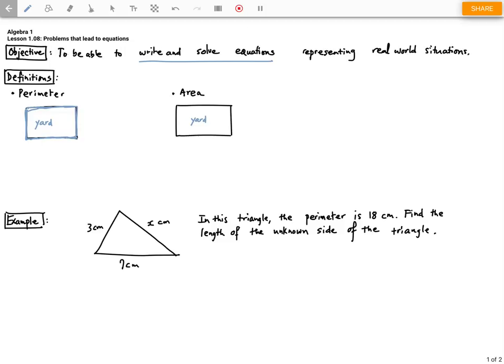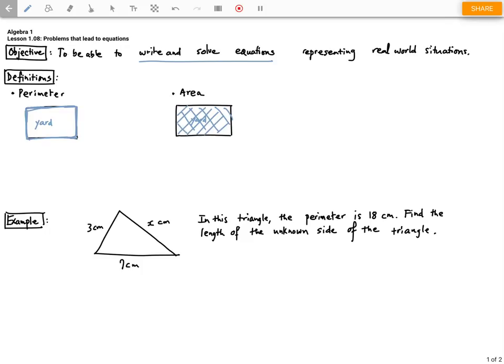So basically around. Now the area is a measure of the space inside the figure. So the area is like the amount of the yard. So this inside this boxed area or fence is called the area.